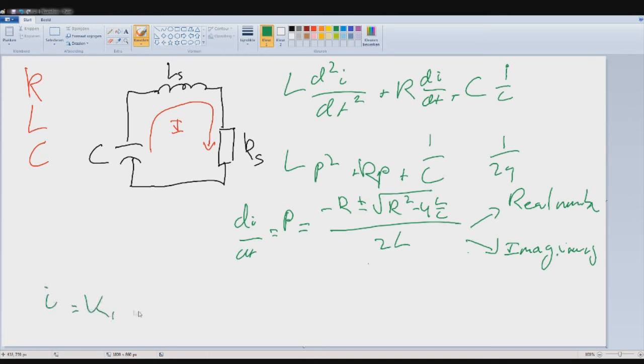It's a constant, Euler, and then plus minus an imaginary number, something like this.